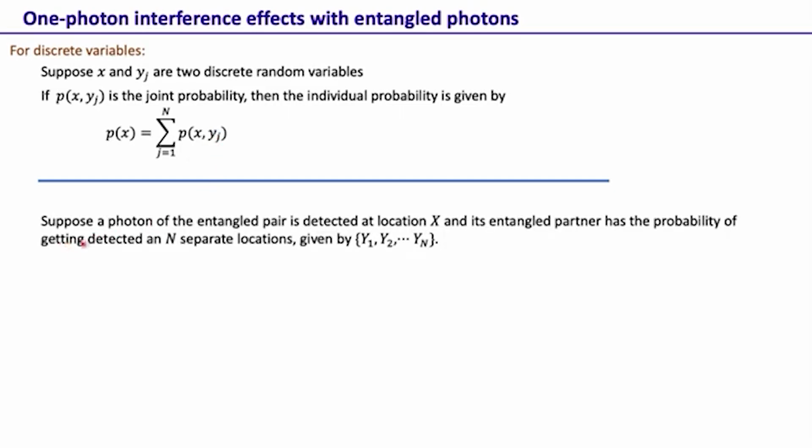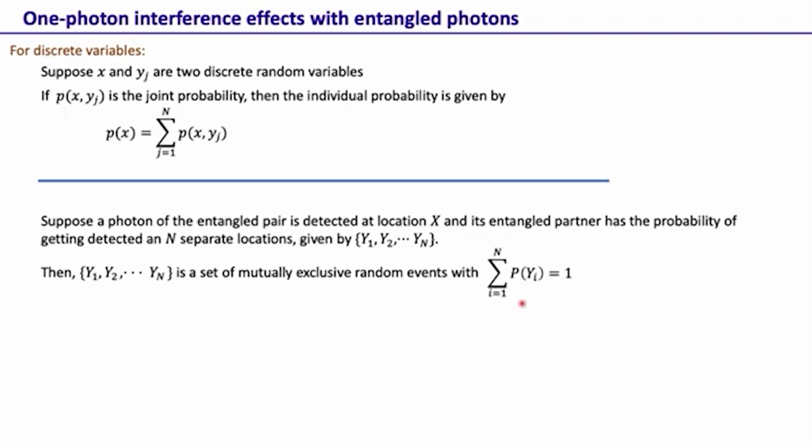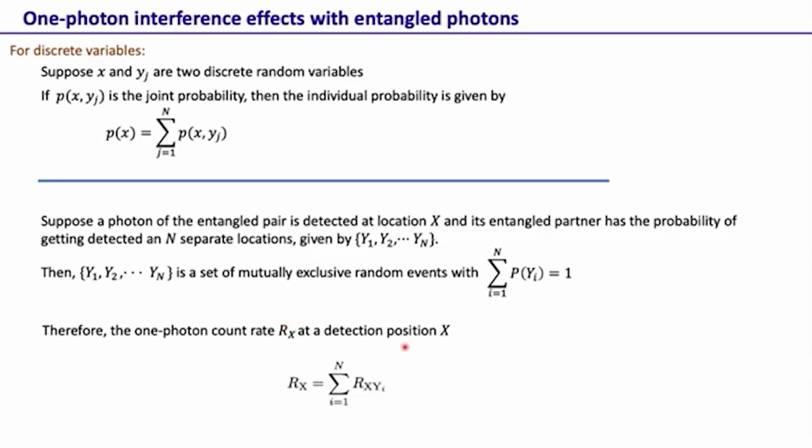Similarly, suppose a photon of the entangled pair is detected at the first location, and its entangled partner has a probability of getting detected at n separate locations, y1 to yn. These are different locations, a set of mutually exclusive random events, and the second photon has to go to one of these n. In that case, the one photon count rate Rx at detection position x can be written in terms of these coincidence detections.